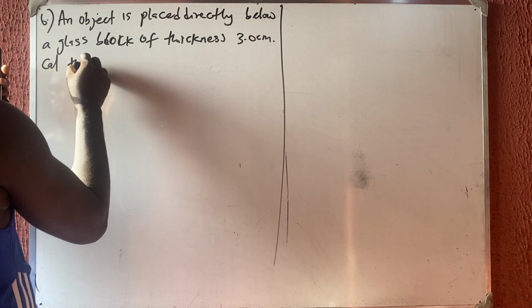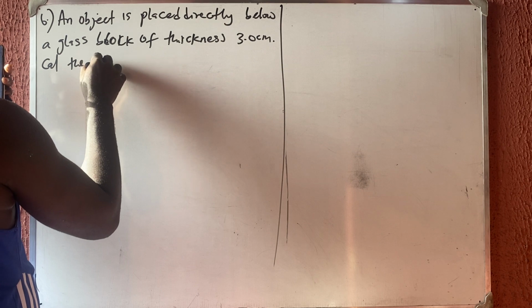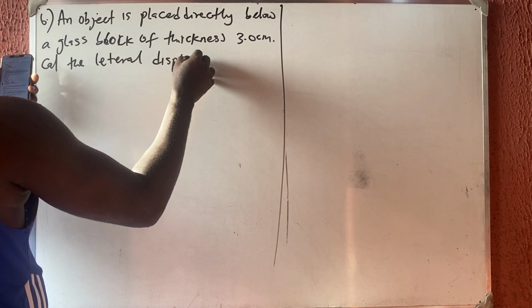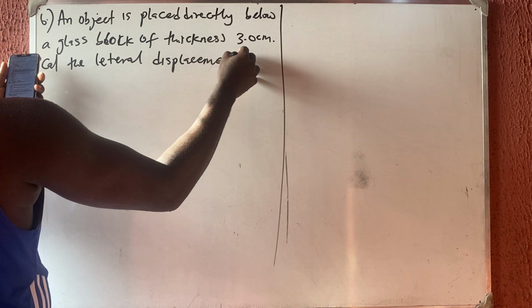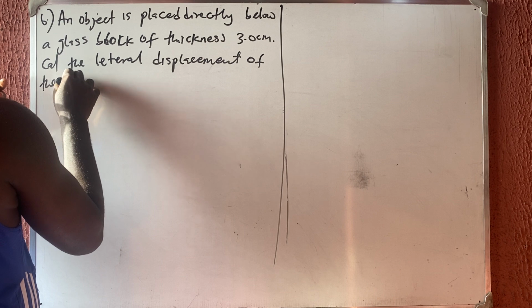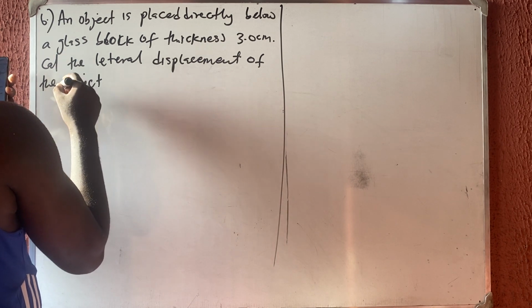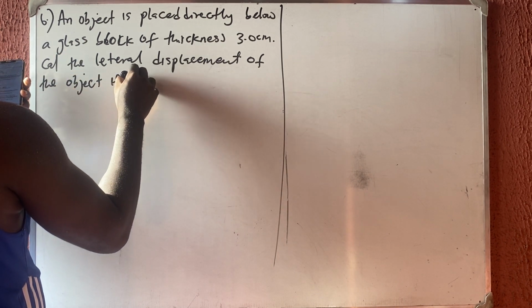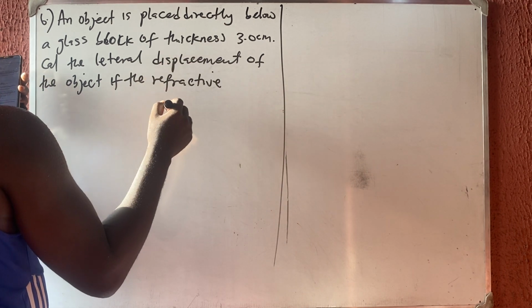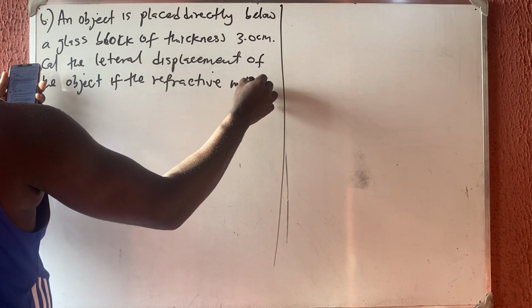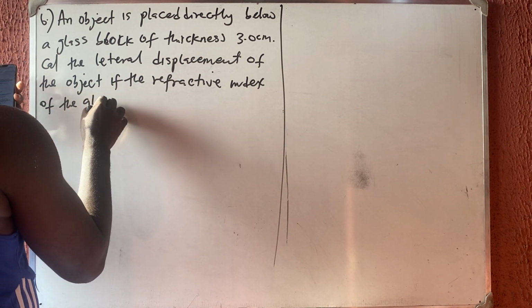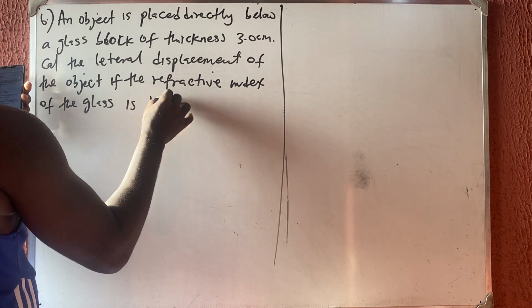Calculate the lateral displacement of the object if the refractive index of the glass is 1.5.